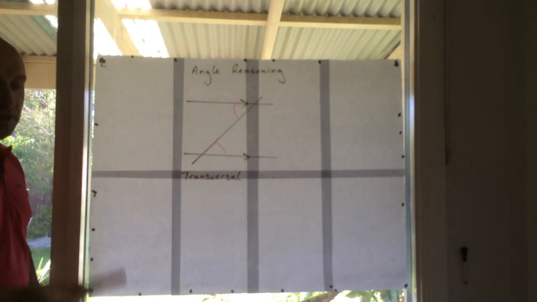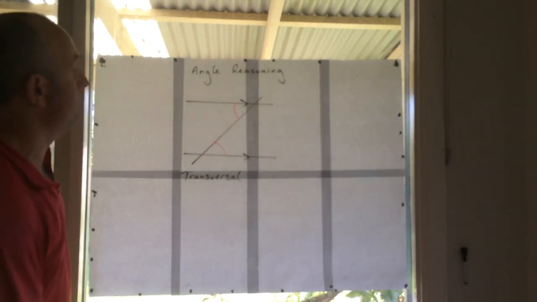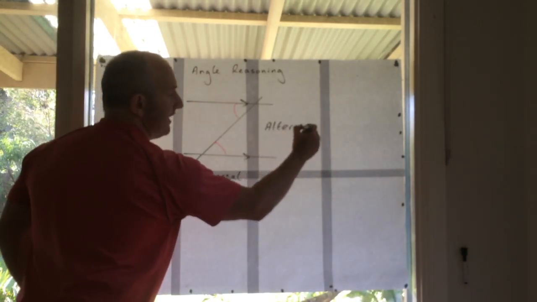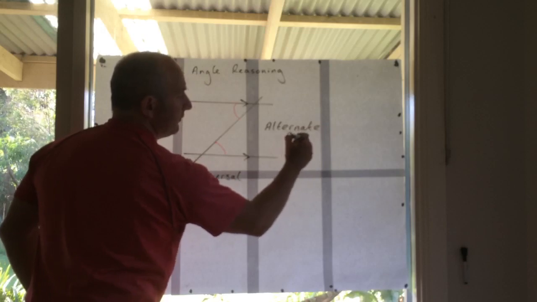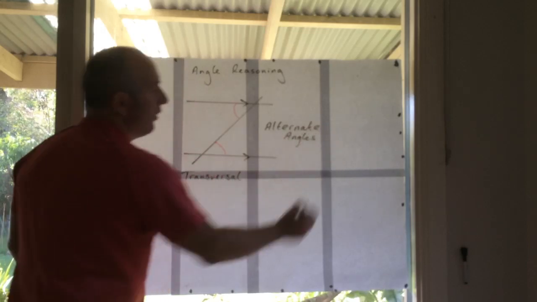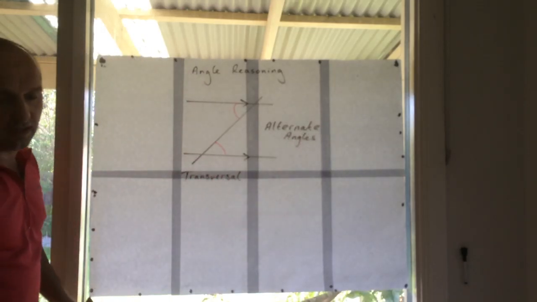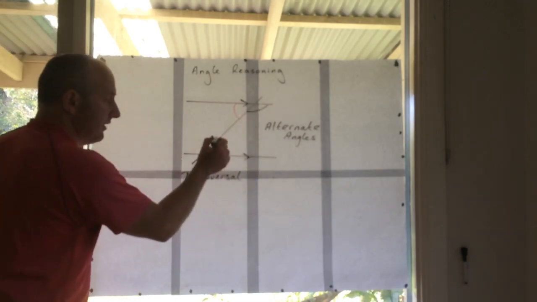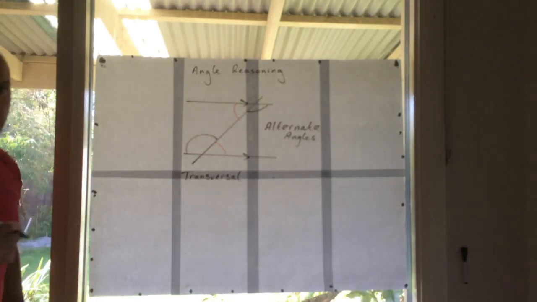They are the same because they are alternate angles. Alternate angles. Likewise, I know that this angle here is the same as that angle there.